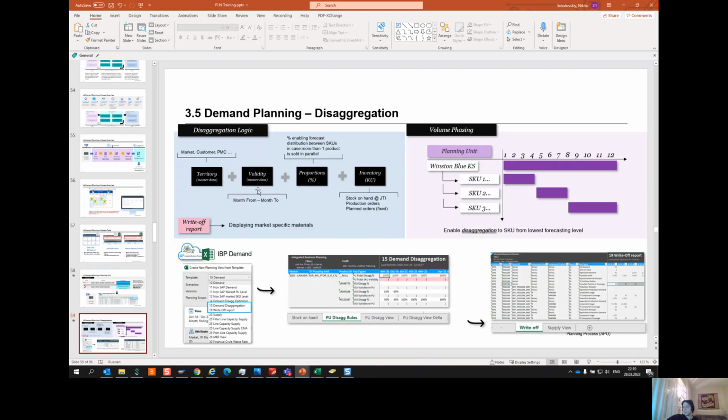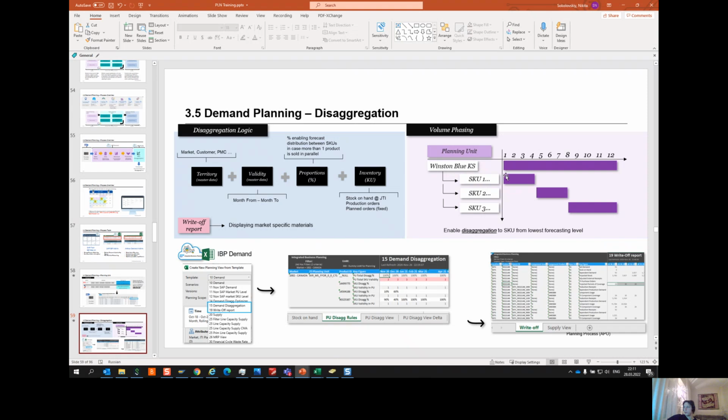On the next slide, we can check how the disaggregation process is carried out. I guess this picture is the most representative of the process. We have a planning unit, Winston Blue, and we know that for the next 12 months we need to constantly produce Winston Blue.